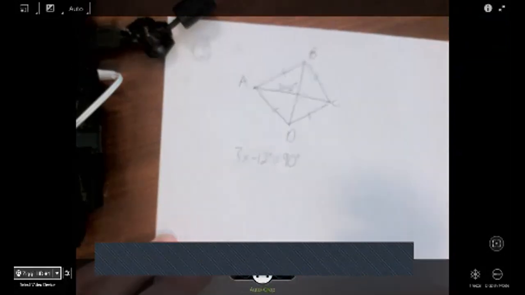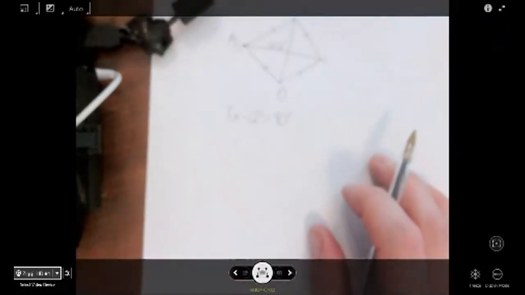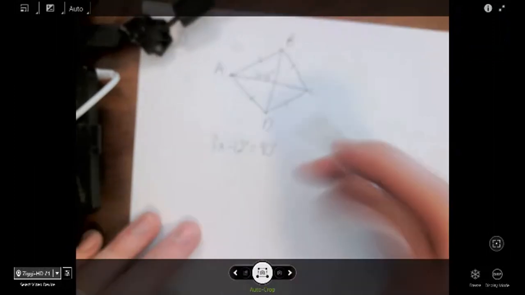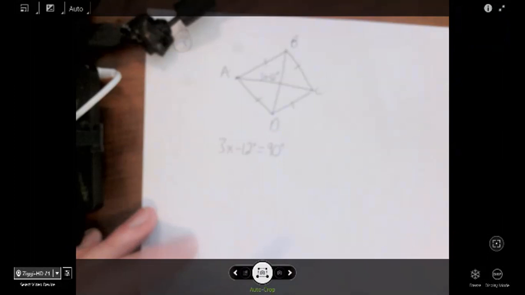That's a fairly simple equation to solve.